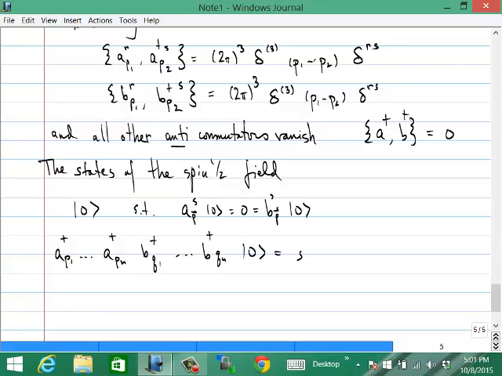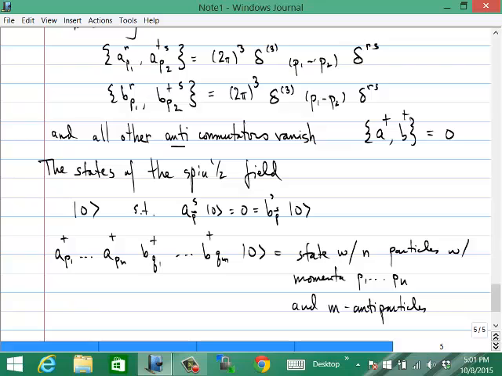So this would be a state with, let's call that, n particles with momenta p1 up to pn, and m antiparticles with momenta q1 up to qm.